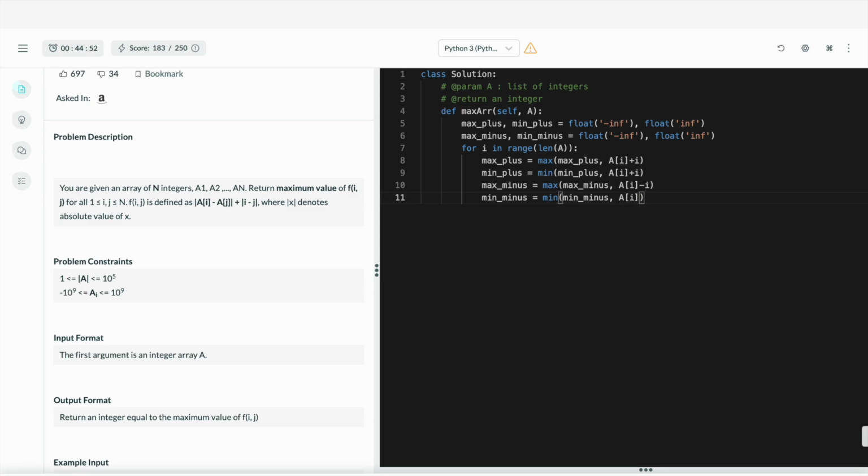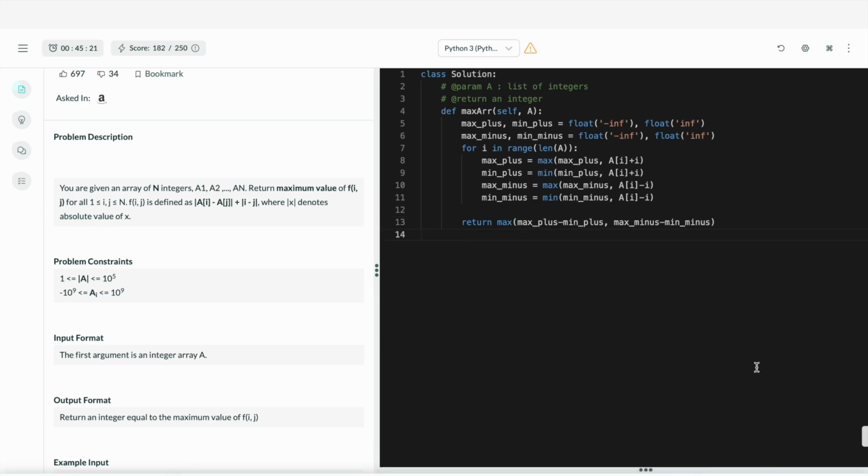It is nothing but what we discussed in pseudocode. So now at the end of the loop, we'll just return max of max plus minus min plus and max minus minus min minus.